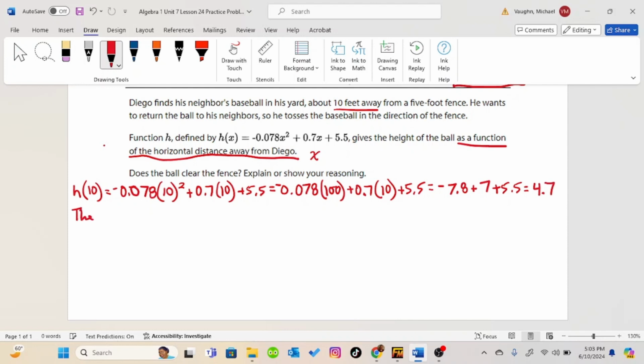So the height of the ball after 10 feet is only 4.7 feet.